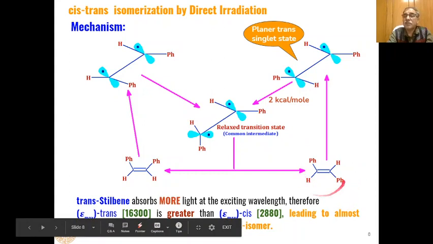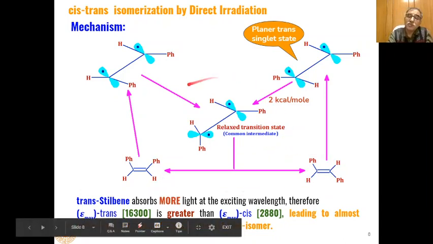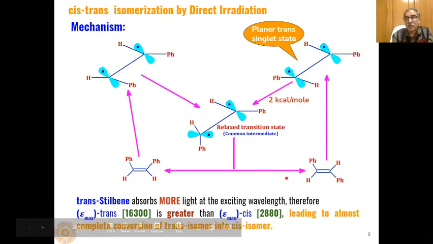Similarly, if we start with the trans, it will have this type of planar trans singlet state, and by absorption of 2 kilocalories per mole of energy it can be converted into a relaxed transition state of this type, which can then give us the cis isomer. So this is how, through this relaxed transition state, we can have a mixture of cis and trans stilbenes, and at a given photostationary state there will be a fixed ratio of formation of these cis and trans isomers.